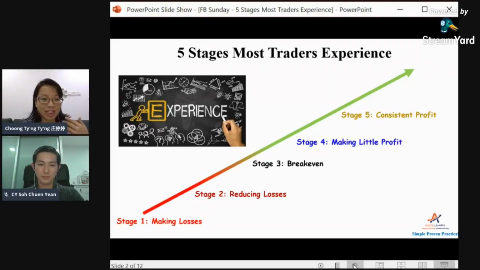If you believe you are at stage 2, you don't need to prove it to anyone, you just put 2. If you believe you are currently at stage 3, you just put 3. If you believe you are at stage 4, you just put 4, and vice versa. If you believe you are currently at stage 5, you put 5.